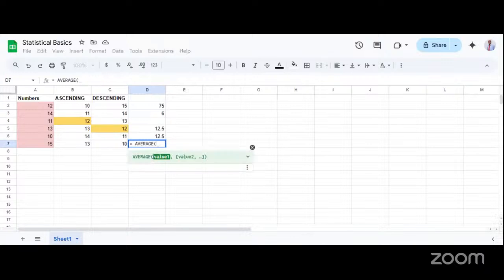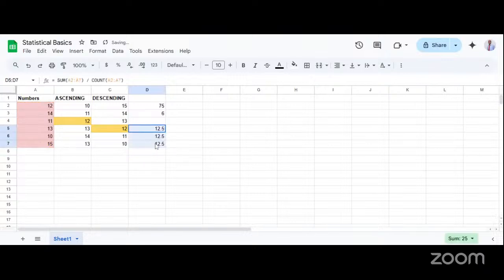Let's try the average function now: AVERAGE of A2 to A7. Here you see all through these formulas, I used different methods to calculate it, but we're still ending at the same value. It's still 12.5, 12.5, 12.5. So that means the measures of central tendency are correct.